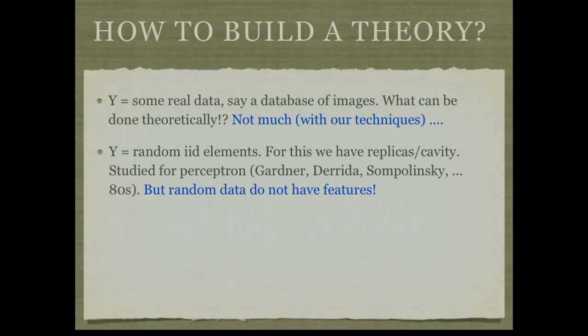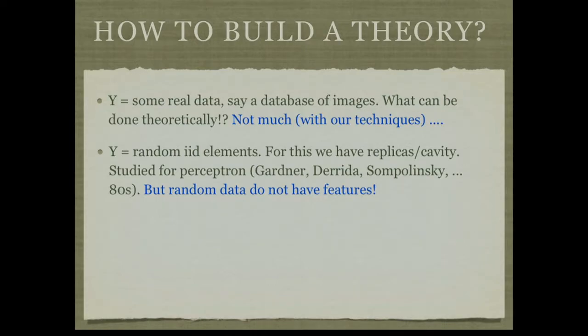Say that Y, the data, were random IID, so some matrix with random IID elements. That's a good case for our kind of methodology, like the replica method, cavity method. And indeed, for a yet simpler version of this case, if I knew these matrices F1 and F2, then this is basically a perceptron.